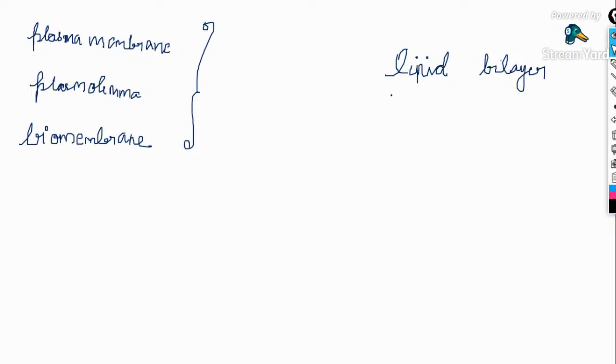Okay, lipid bilayer. So what do you mean by this lipid bilayer? Lipid bilayer means two layers of lipids.